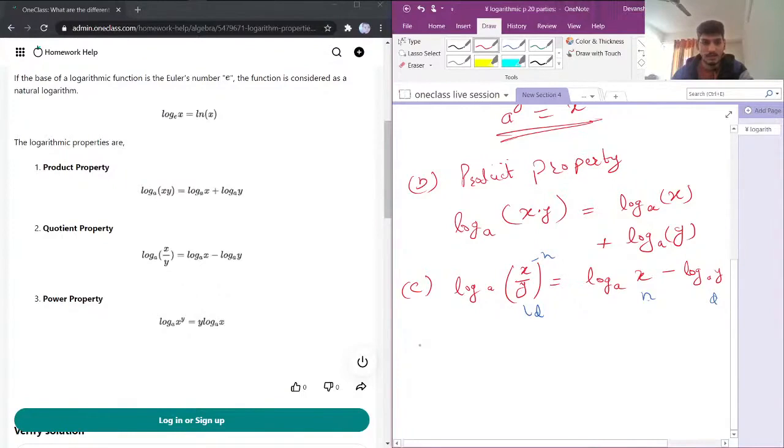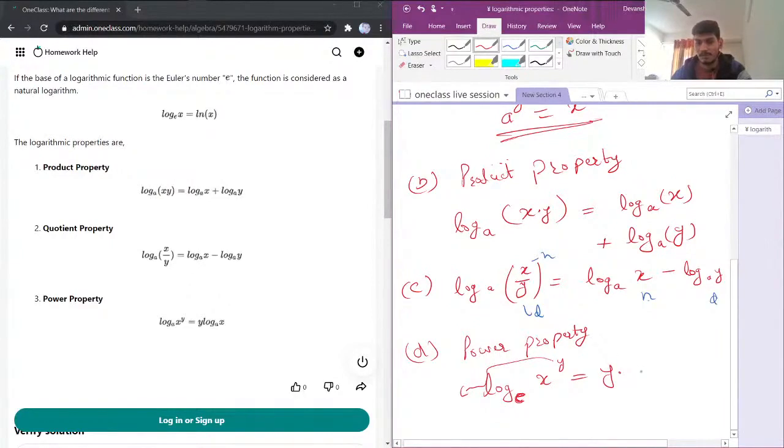Then we have another property, which is the power property. In the power property, suppose this time I'll use the natural log with base e. If I have log of a number x, and the number is raised to power y, then I can bring this y in front by using the power property of log.